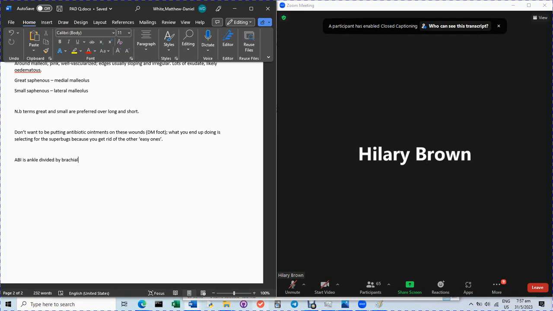Hold on, let me just make sure. Yes, you have to use the higher value on each side, because that is a measure of how much blood flow is going to the foot. You could have an occluded dorsalis pedis artery where you're getting an ankle brachial index of 0, frankly. 0 over anything is 0.